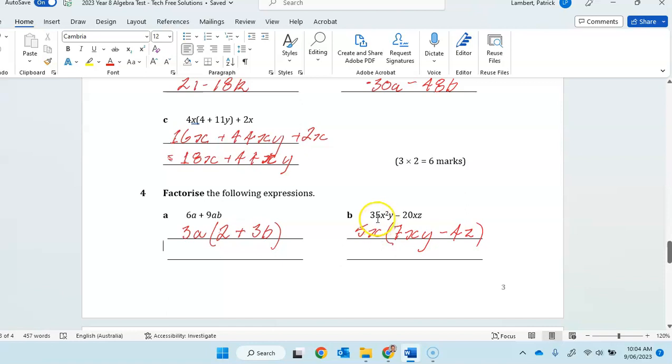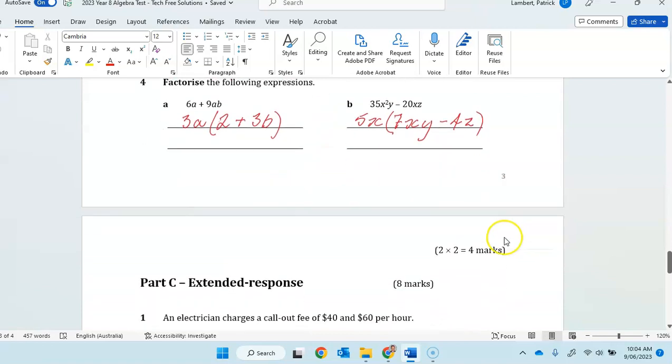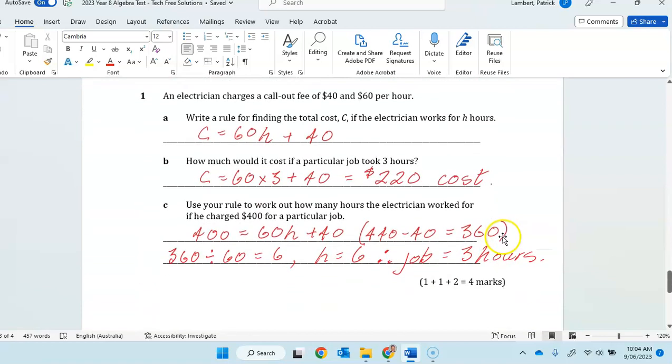Now the highest common factor of both 35 and 20 is 5, and the highest common factor of x squared and x is x, and there's no common factor between y and z, so 5x bracket 7x minus 4z. When you multiply that out, that's what you get.